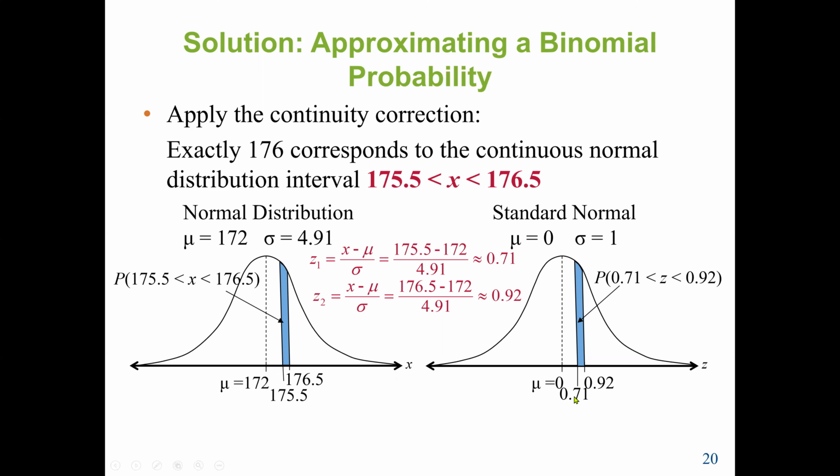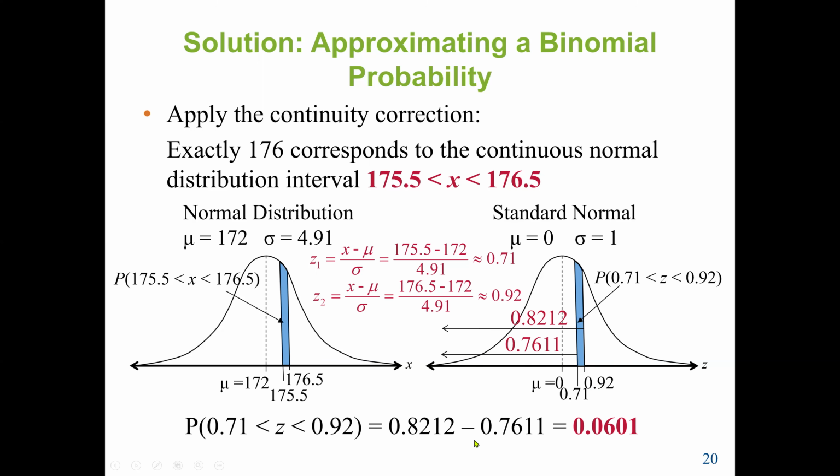Then we look for the p-value for both, 0.71 and 0.92. The 0.92 p-value is 0.8212, and the 0.71 p-value is 0.7611. We are looking for this shaded area, so we subtract the smaller from the larger: 0.8212 minus 0.7611. And that will be our final solution.